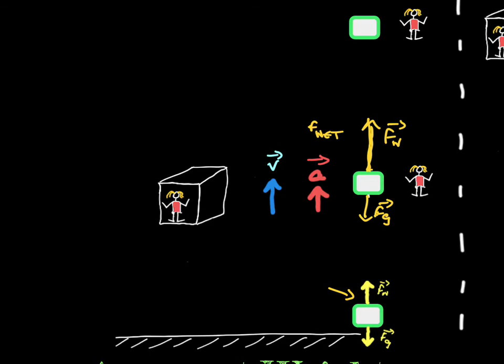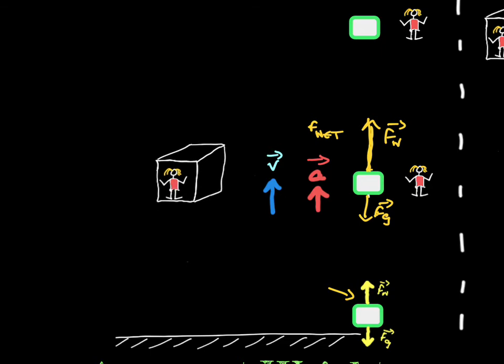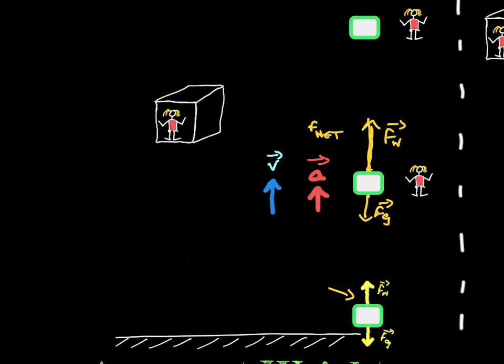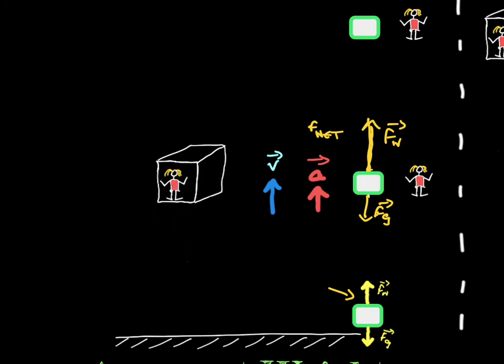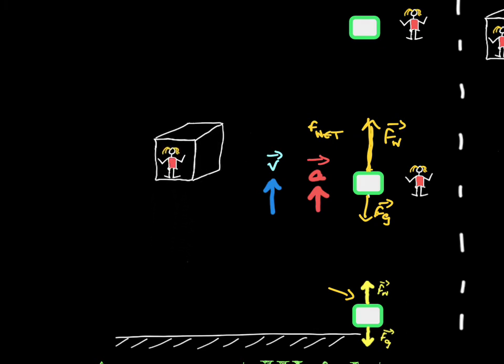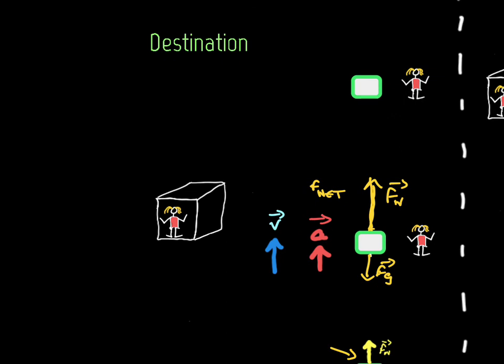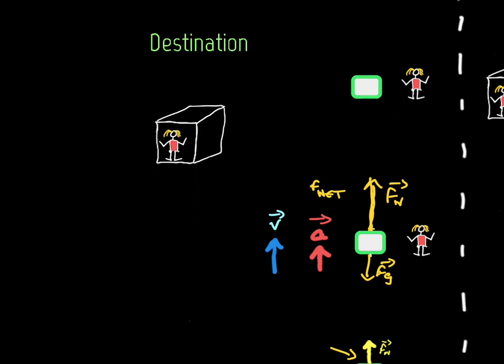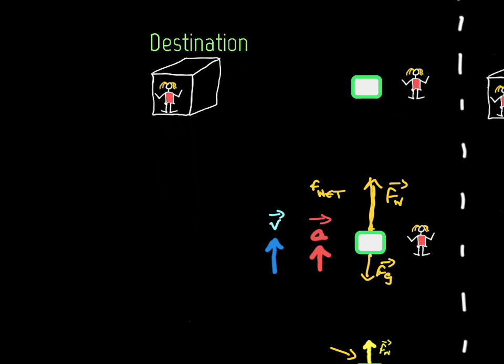It's a different system. So if we continue our travel up the elevator, at this point here, the person has accelerated and now they want to reach the destination, and as they're reaching the destination they start to slow down. We still have the velocity moving upwards, but now our acceleration value here is downwards, because they're slowing down, so the acceleration and velocity are in opposite directions.